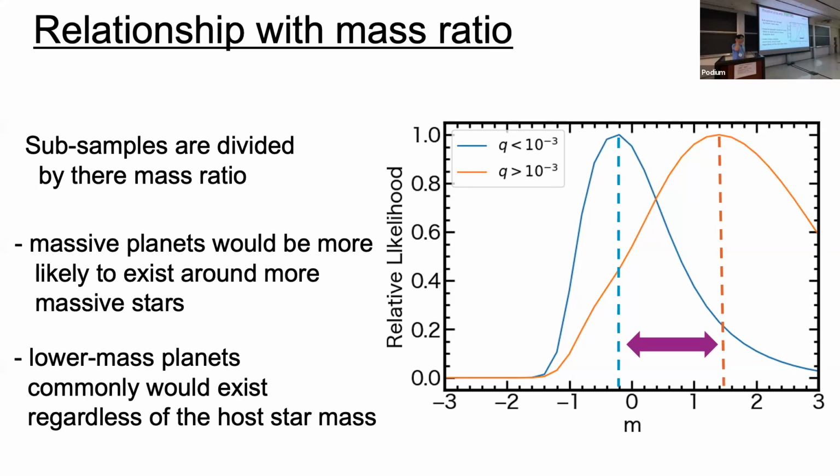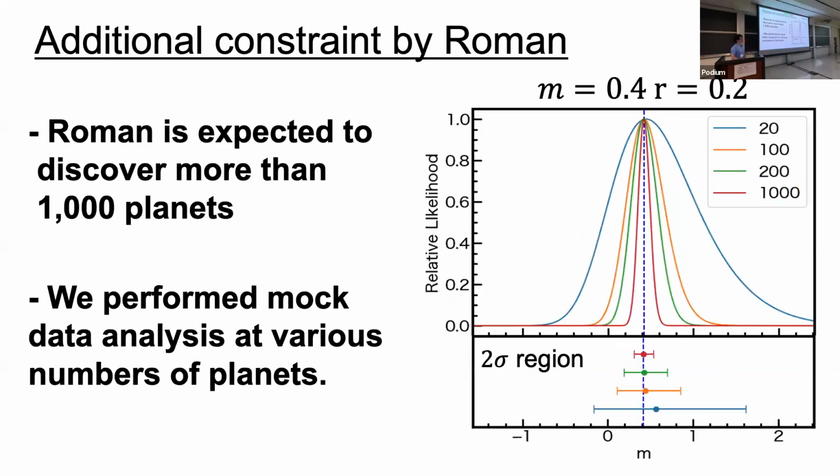So to reduce this uncertainty, we need more samples. And as I mentioned, Roman is expected to discover more than 1,000 planets. To estimate the effect of the Roman sample, we performed mock data analysis at various numbers of planets.